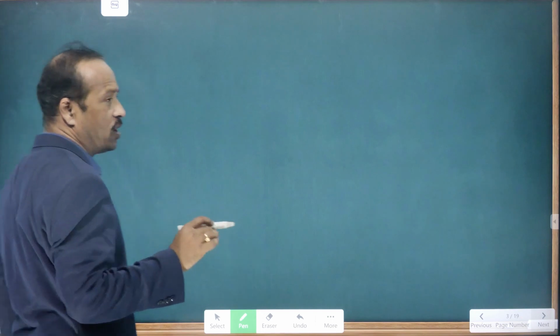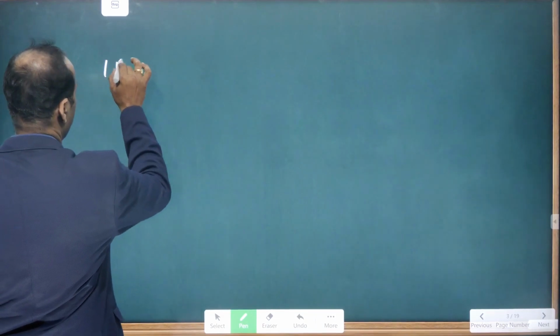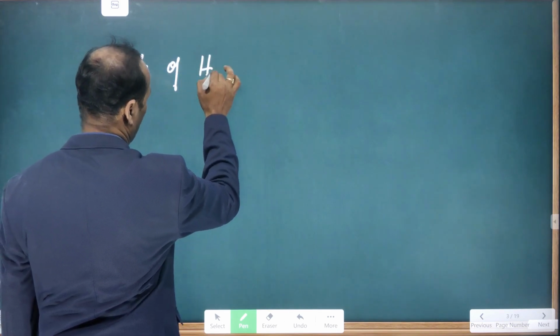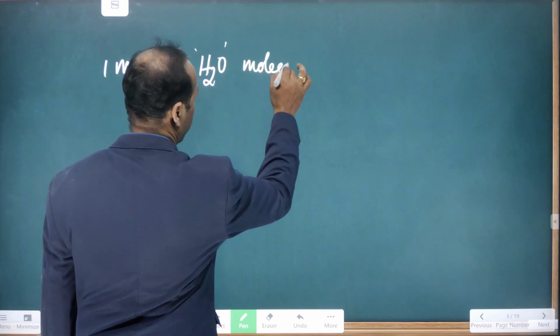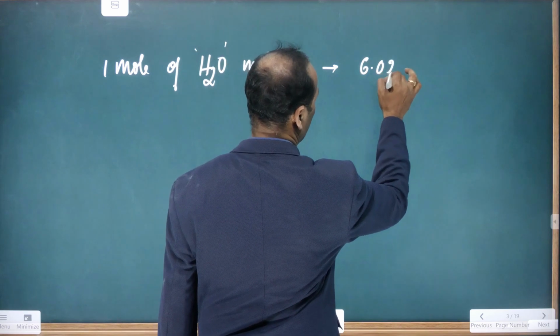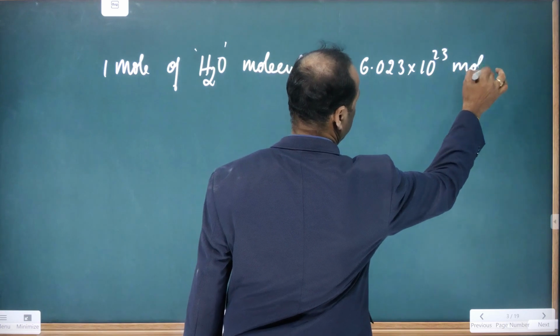Now, for example, sometimes you may be asked like this: 1 mole of water consists of how many molecules? Just now I told you the formula of water is H2O. So 1 mole of water molecules consists of 6.023 into 10 to the power of 23 molecules.